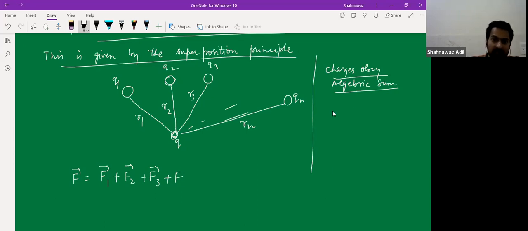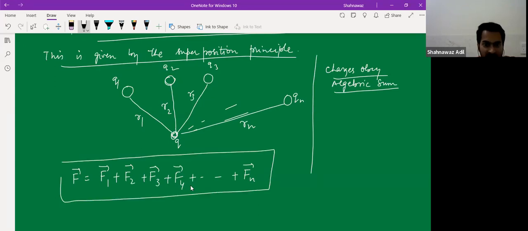But the forces between the charges obey the vector sum, right? So this is about the superposition principle. The superposition principle says that the force on this charge would be due to the vector sum of the individual charges.